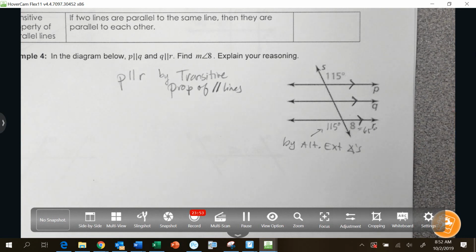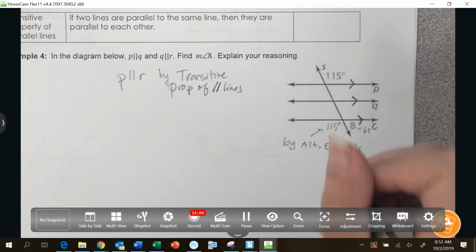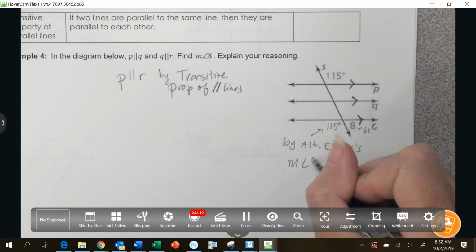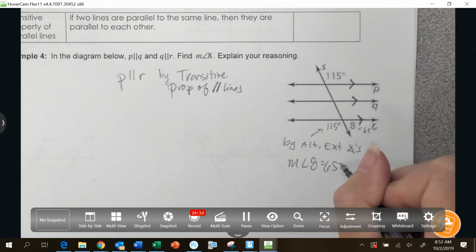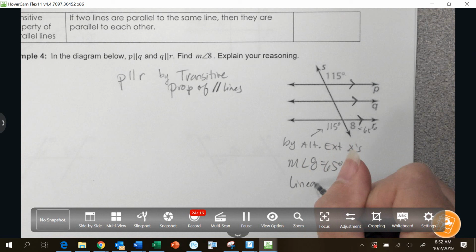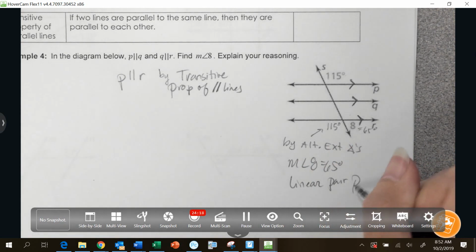He said they're supplementary. They make a line. Alex, what do you think? They are a linear pair, which the definition of linear pair says they're supplementary. So we're going to say that measure of angle 8 equals 65 degrees because of the linear pair postulate.